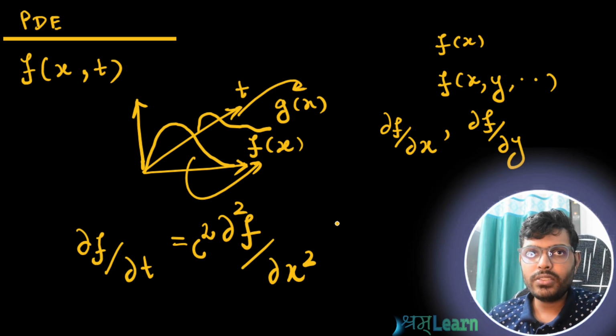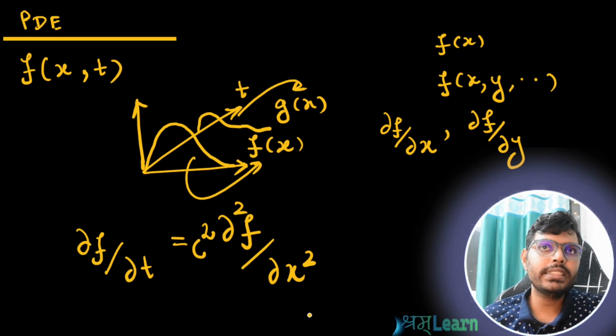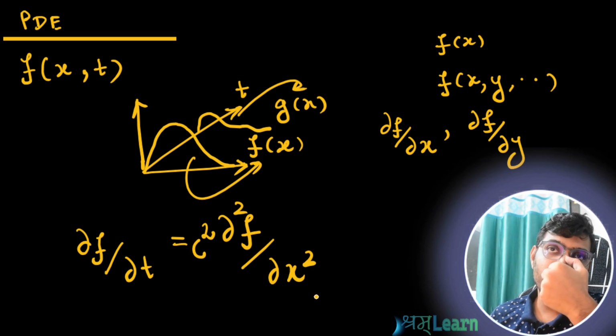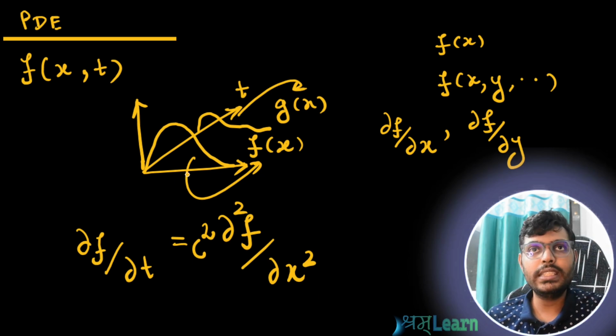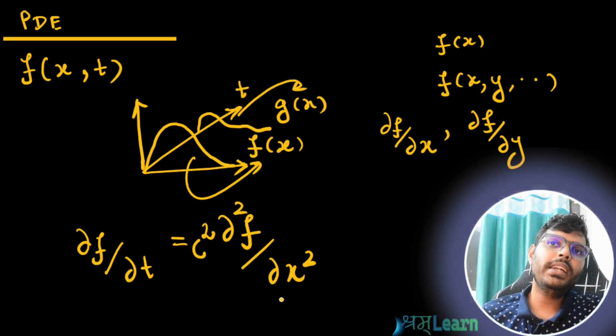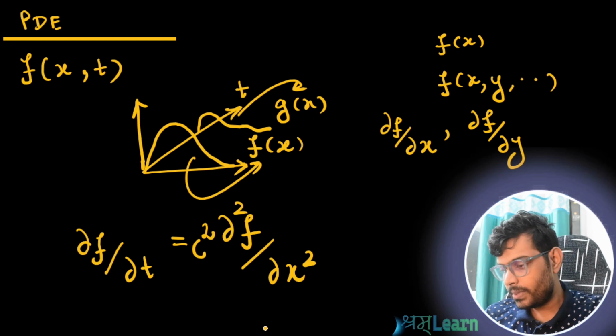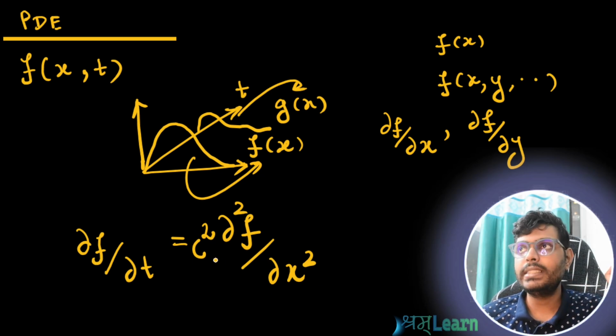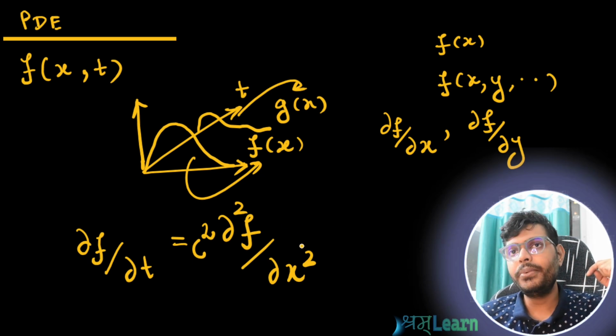So function f's derivative with respect to t at any point is nothing but its curvature, right? If we want to know how the function f changes with respect to time, we have to take the double derivative of the function with respect to x at that point, and then of course multiply by c. So this is known as the heat equation.